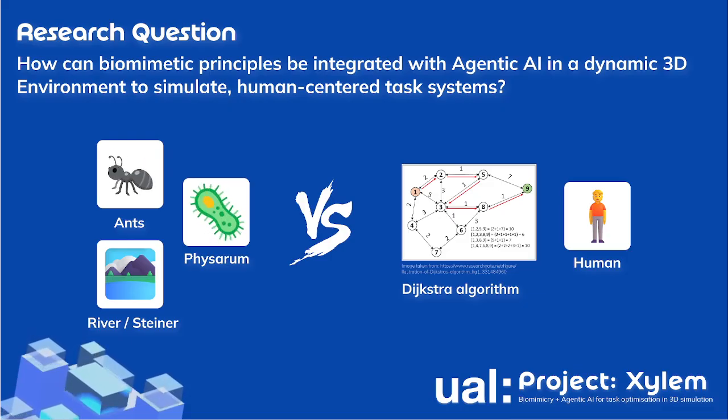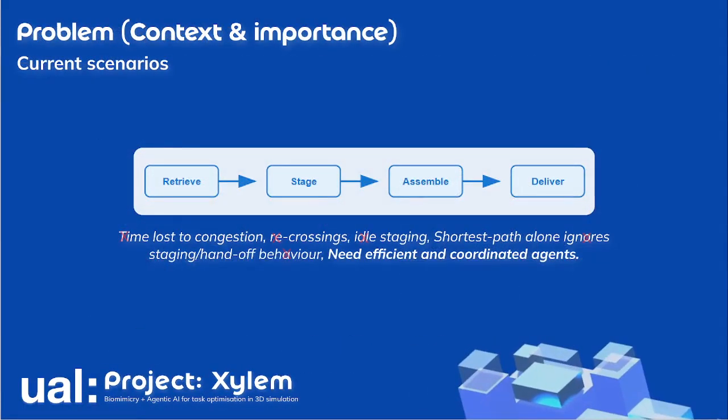These will be compared against the Dijkstra algorithm and a human AI LLM, with parameters similar to the ones from the biomimetic system, but based on human activity and human progression.